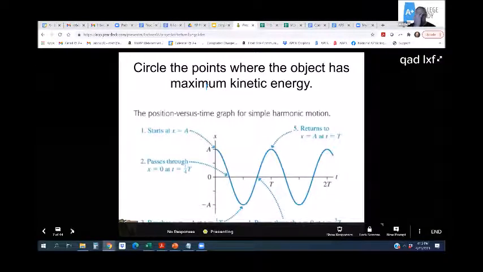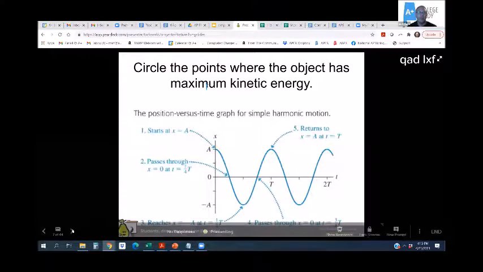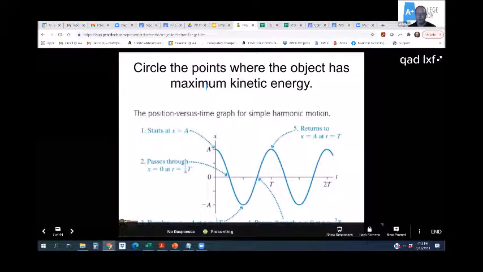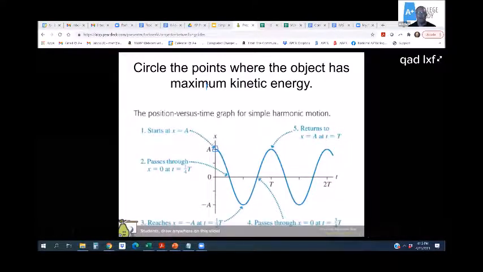All right, before we get there though, let's think about this particular graph here. So this is showing us a position versus time graph for simple harmonic motion. So at this point, and let's think of this as a horizontal spring for right now, let's think of that box being all the way over to the right. So we've stretched the spring as far as we can.